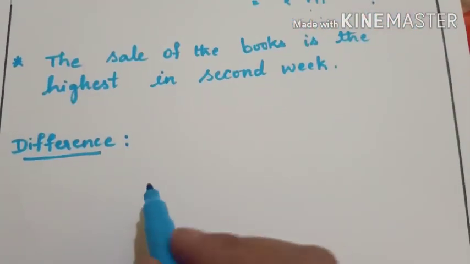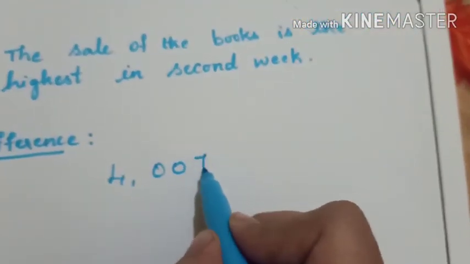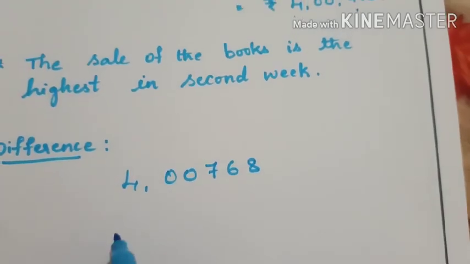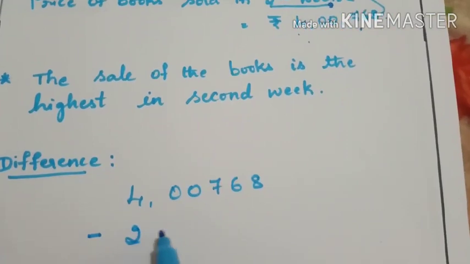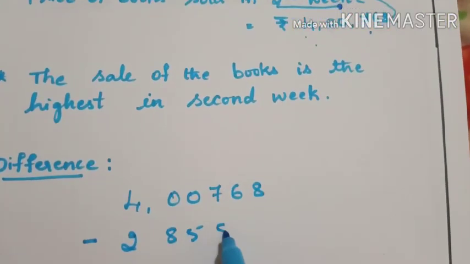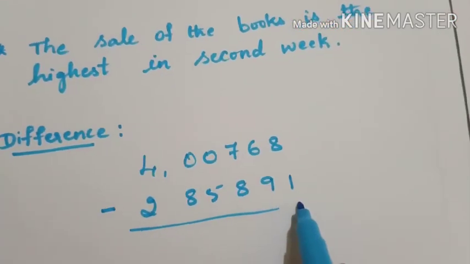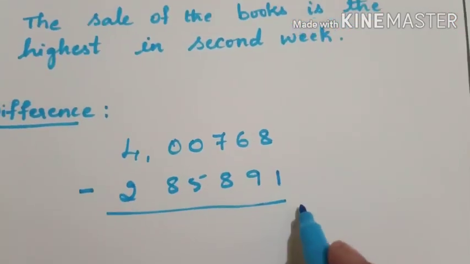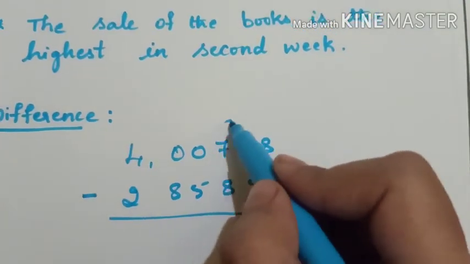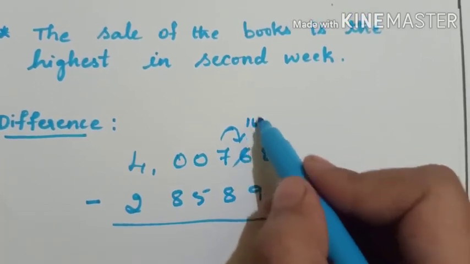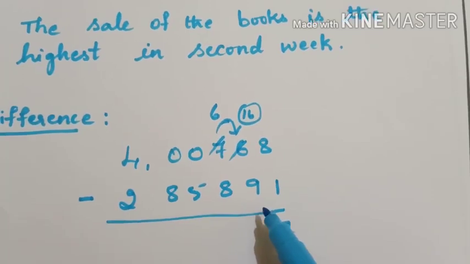So write down 4 lakh 768 minus, subtract 2,85,891. Now you can do the subtraction. 8 minus 1 is 7. 6 minus 9 is not possible. Take the borrow, it becomes 16 and this becomes 6. 16 minus 9 is 7.